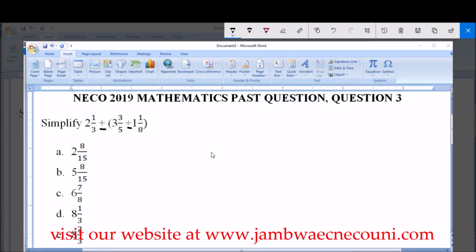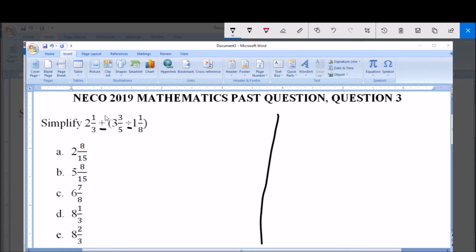Let's solve those in the brackets first before coming to the one outside the bracket. That means we are to open this bracket. So we have 2 whole number 1 over 3 plus 3 whole number 3 over 5 divided by 1 whole number 1 over 8.